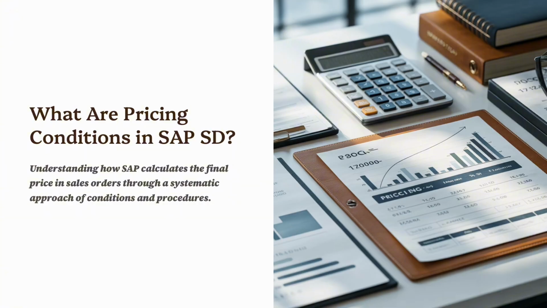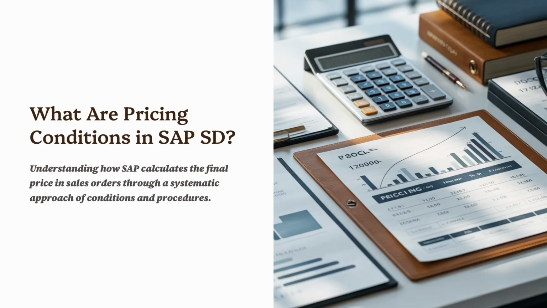Think of it like this. Final price equals base price plus freight minus discount plus tax. Each of those elements is a condition in SAP, represented by condition types such as PR00 for base price, K004 for customer discount, KF00 for freight, and WST for tax.